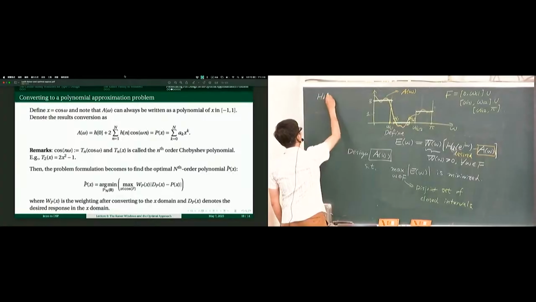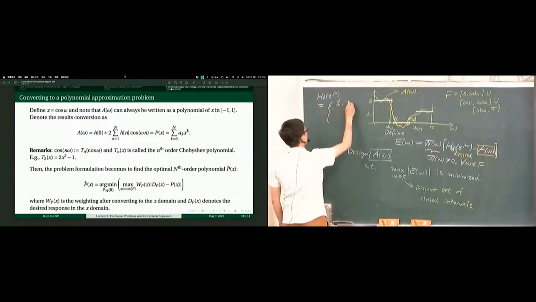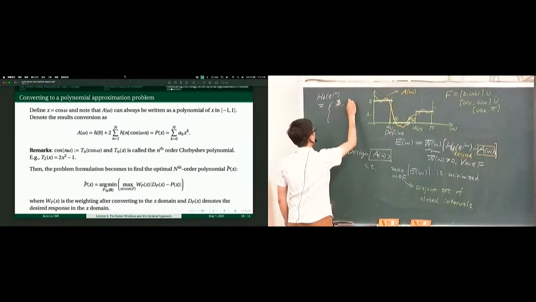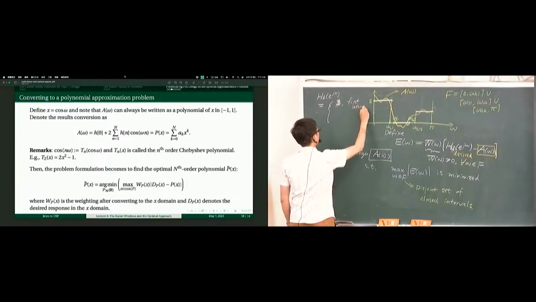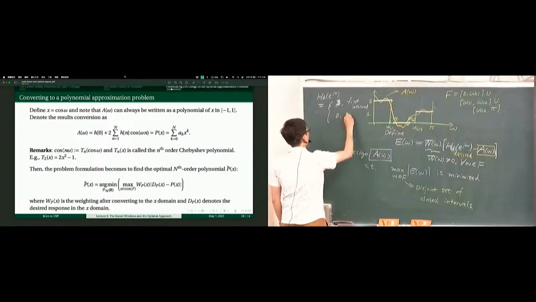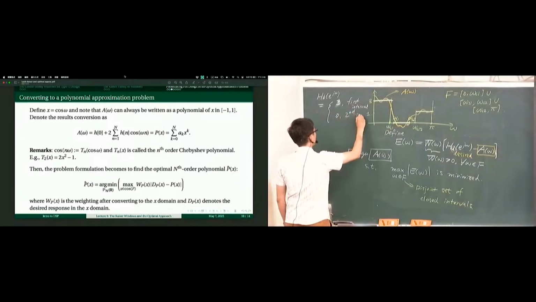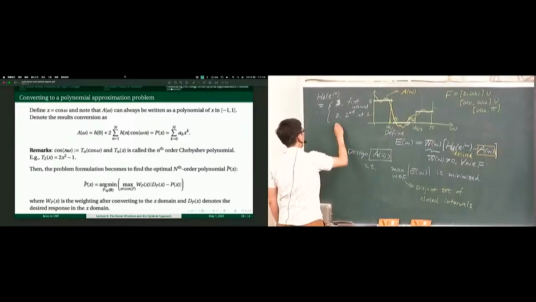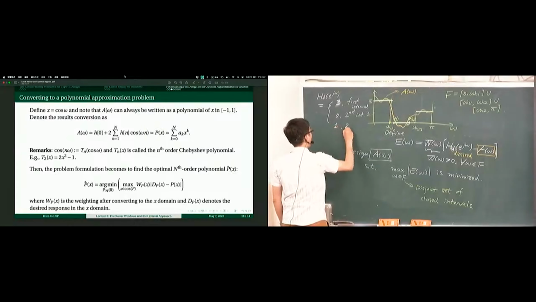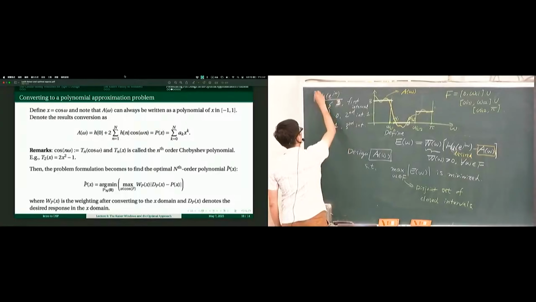Your desired response is 3 for the first interval, 0 for the second interval, and 1 for the last, the third interval. So this is your desired response.